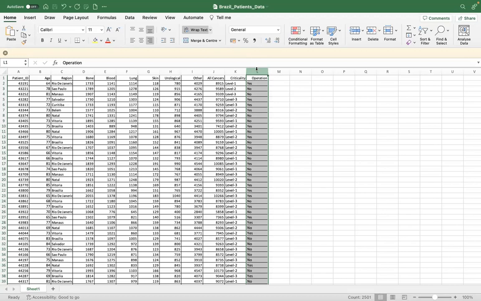I removed this information, although I had it for about 70% of the patients, because it was not contributing. But obviously you can say that this much information was there in my data when explaining it to the interviewer. The most influential factors were age, bone condition, blood condition, lung condition, skin condition, and urological condition.